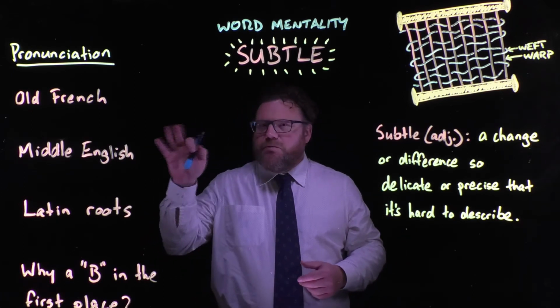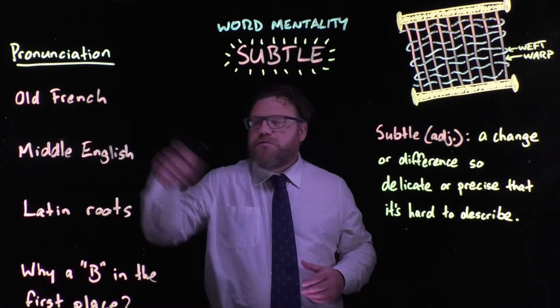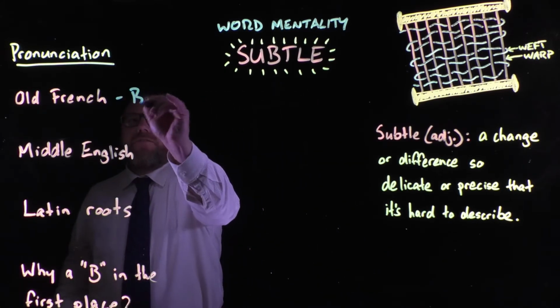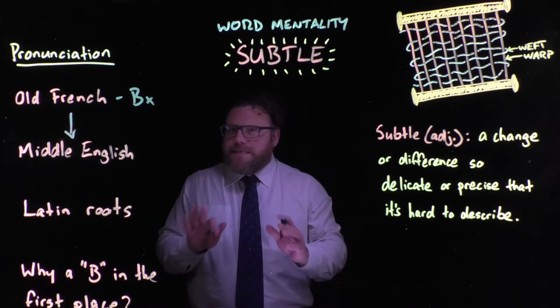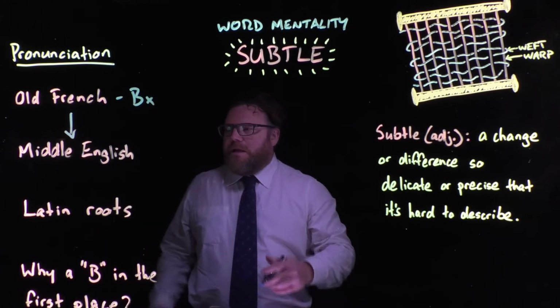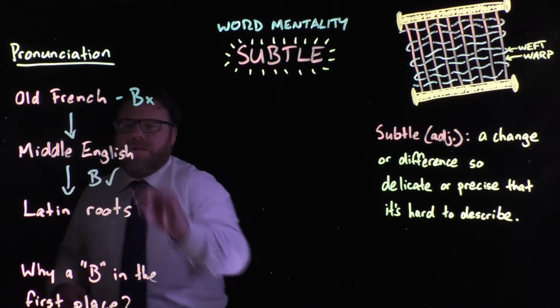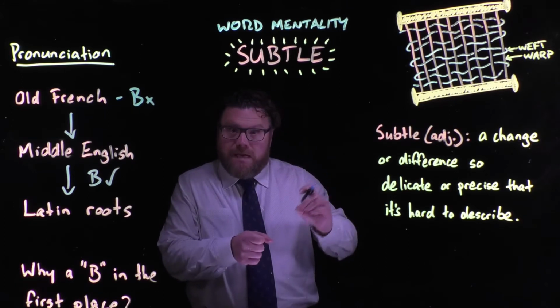So this word has Latin origins, but we actually got it in the English language from the Old French. And the Old French version didn't have a B. So it came into Middle English without a B. At some point, hundreds of years ago, a decision was made to put the B back in so that the word better reflected its Latin origin, its Latin roots.